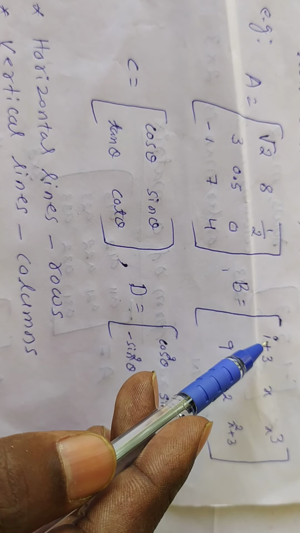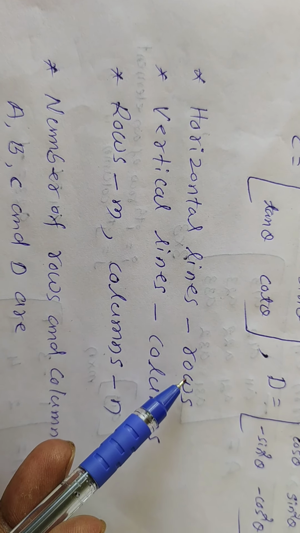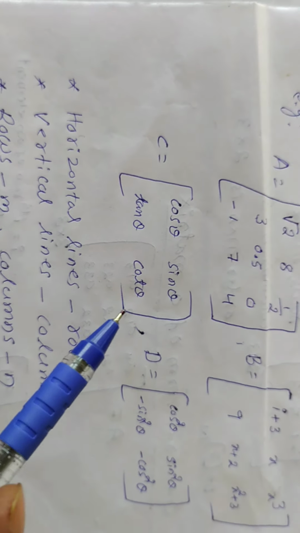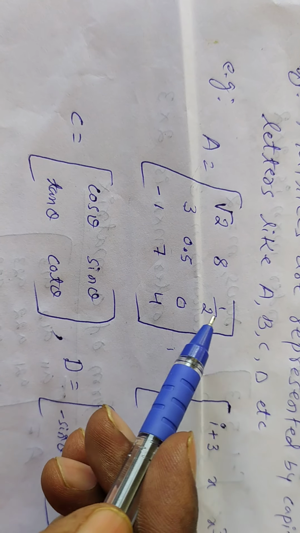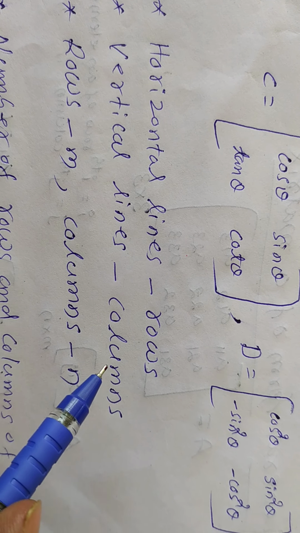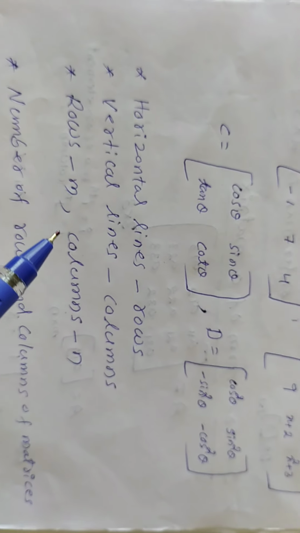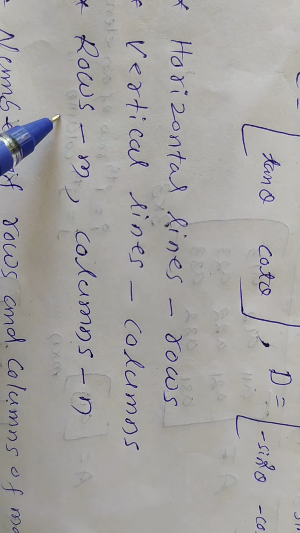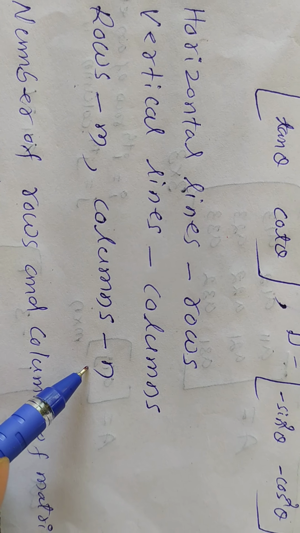Here also, horizontal lines are called rows, and vertical lines are called columns. Rows are represented by m, columns are represented by n.